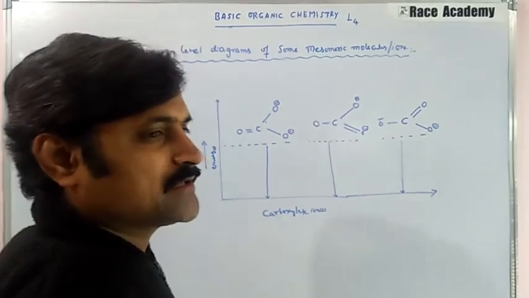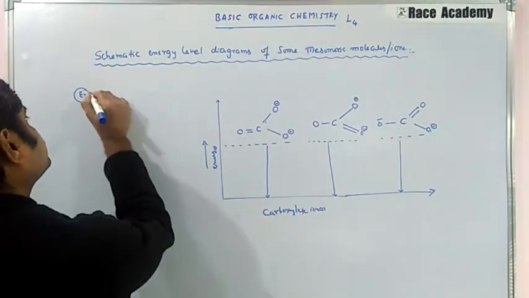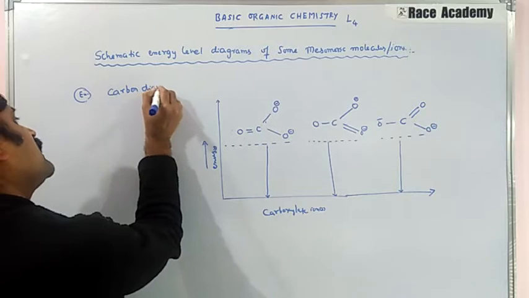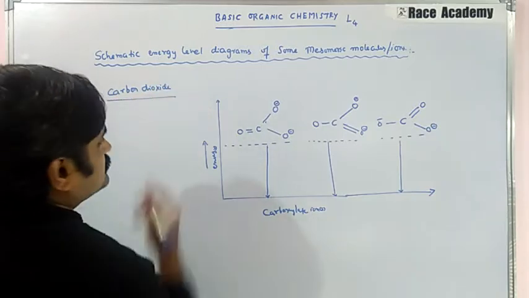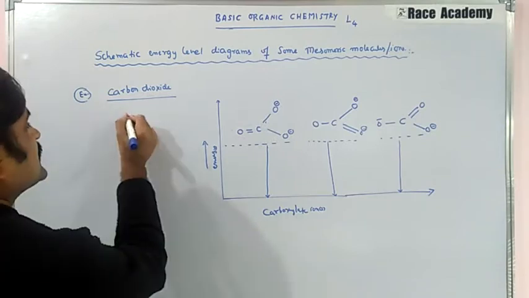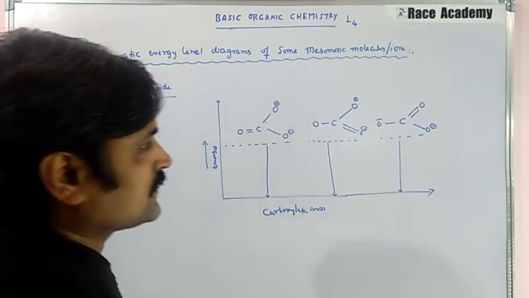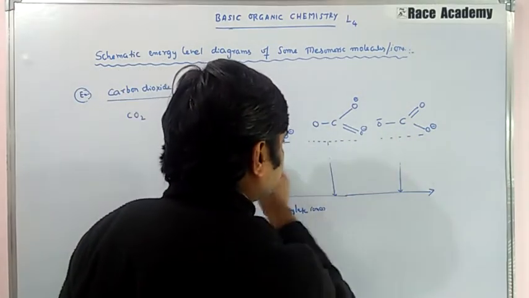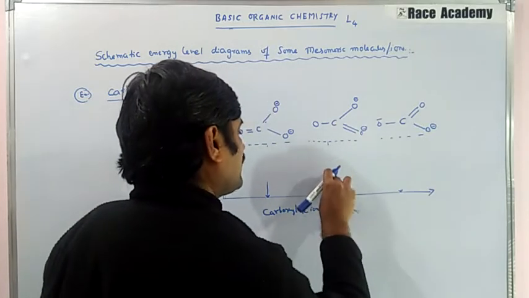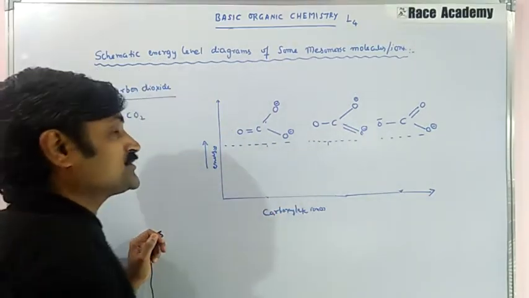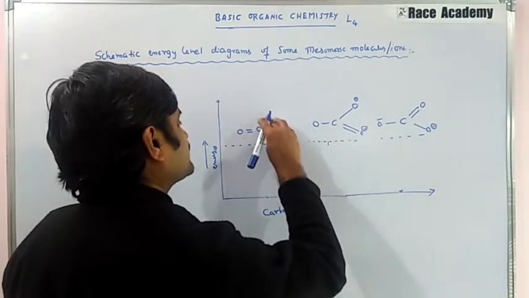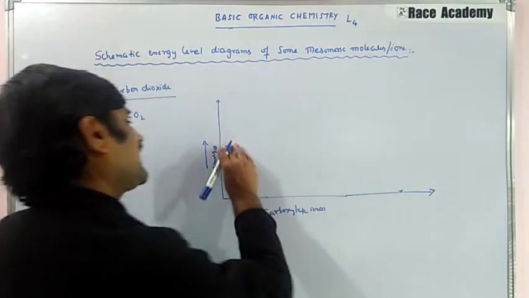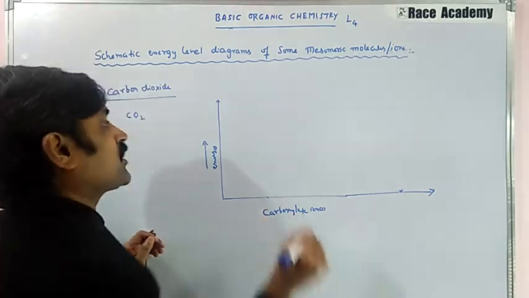Another one I will take. Next I am going to take carbon dioxide. As you know, carbon dioxide is nothing but CO2, and it can be of different kinds. Between carbon and oxygen we can write double bonds. Sometimes in the resonating structures there is a possibility of writing a triple bond between carbon and oxygen.